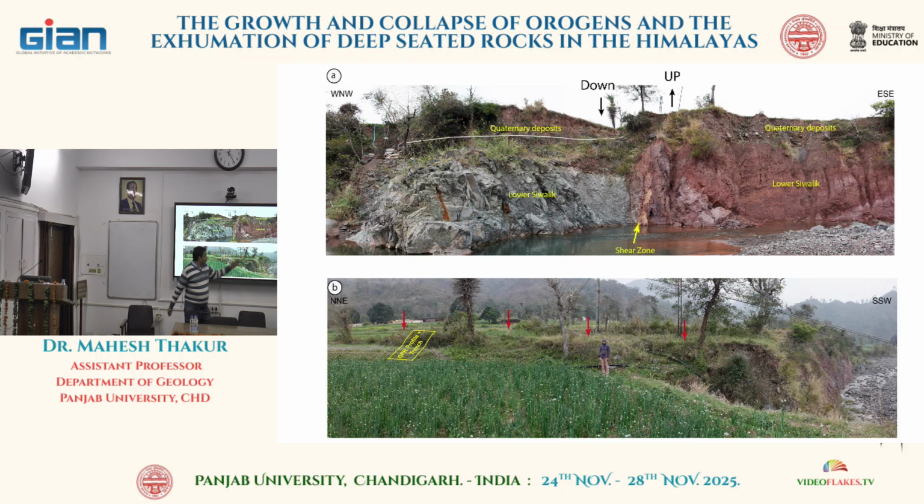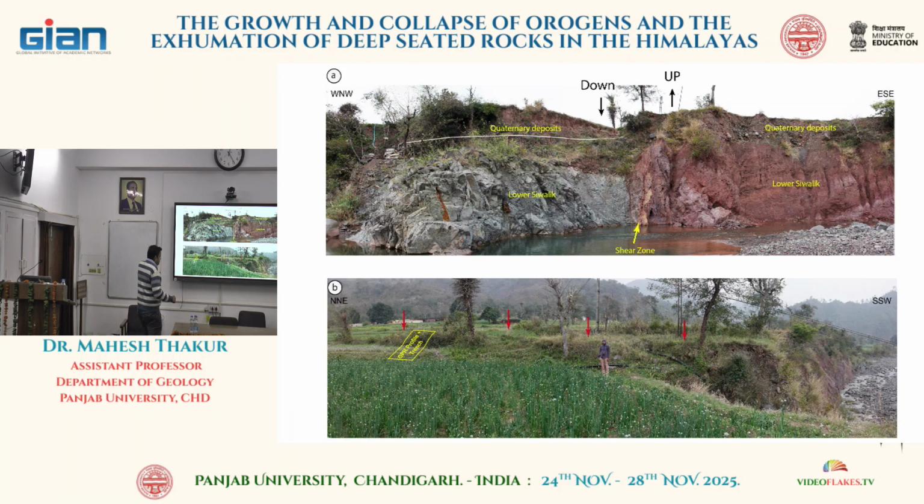But if an 18 million year old rock has displacement and it does not have any sediments on top, then you cannot tell that it's an active fault. So you need to have some Quaternary deposits, right?